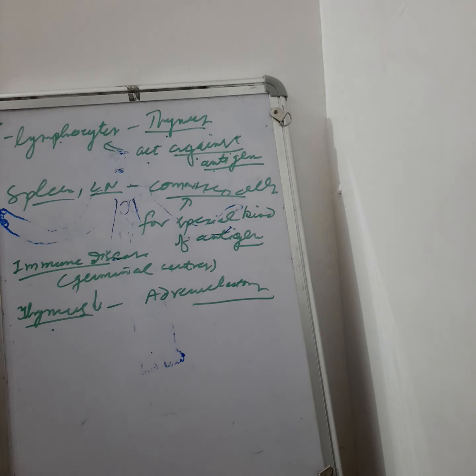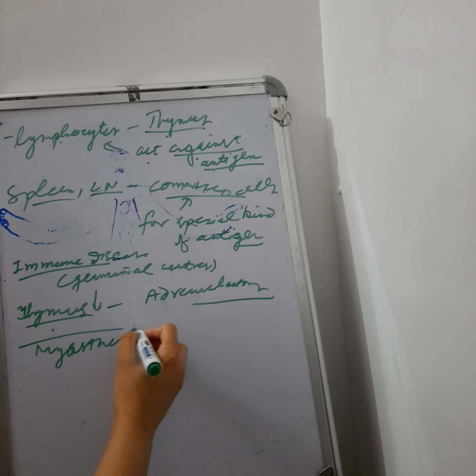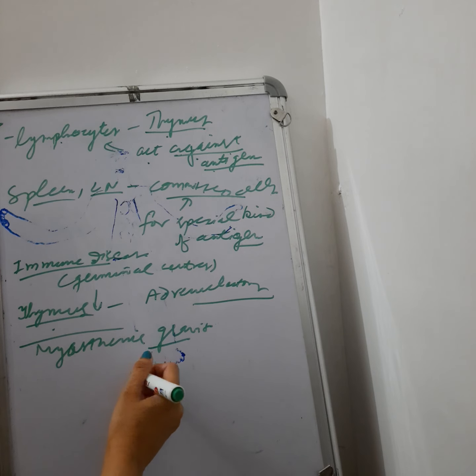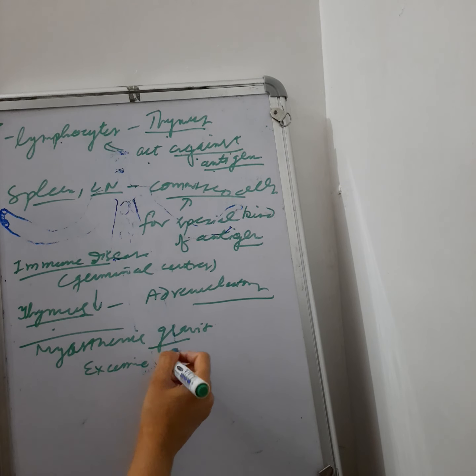And if there are tumors of the thymus gland, there the disease is called myasthenia gravis. Myasthenia gravis is a disease in which there is excessive fatigability of the voluntary muscles.